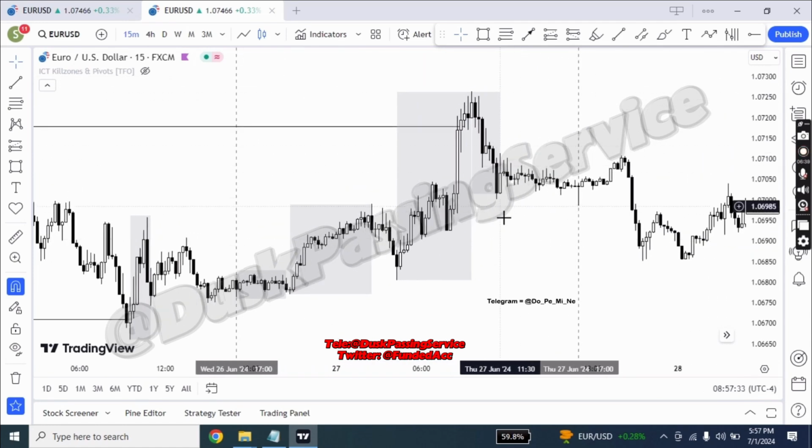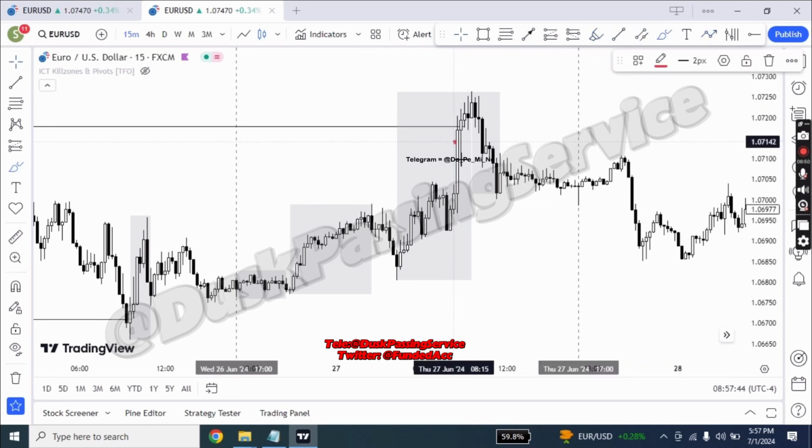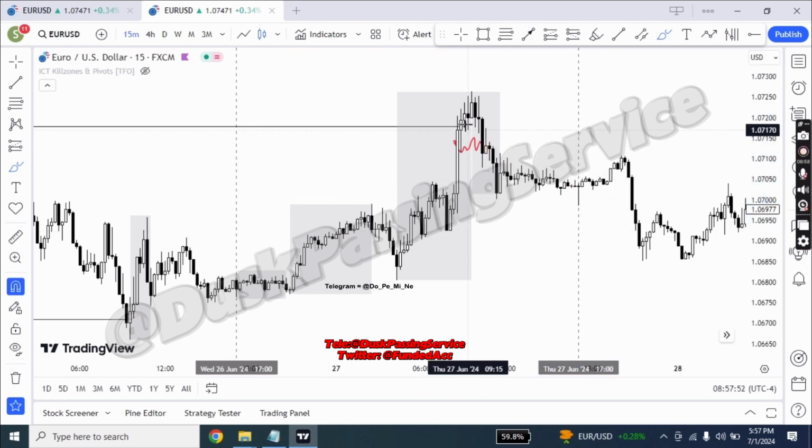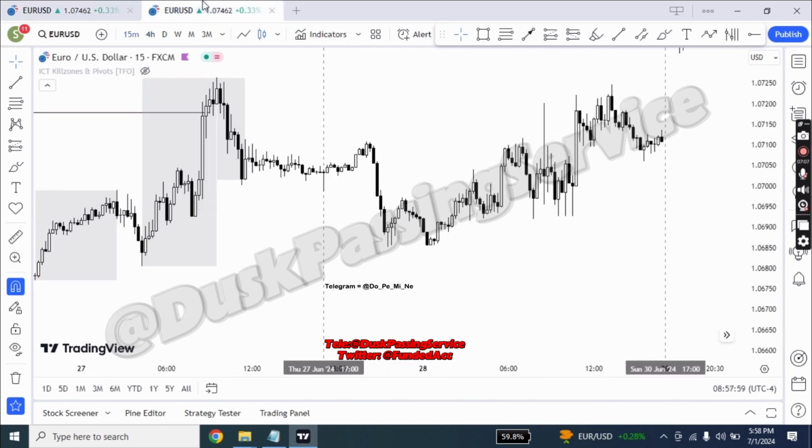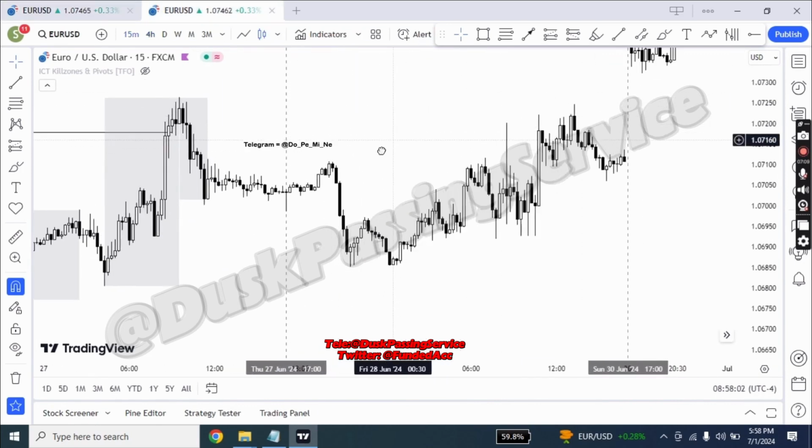Now, if price hadn't closed inside that key level and hadn't taken out that high right here, for example like this, and the expansion profile had ended there, then we would have expected a range and then a manipulation and then an expansion down. But in this case the expansion profile tested the key level, so we then straight away expected a reversal profile from here, right? Now this is Friday's price action right here.